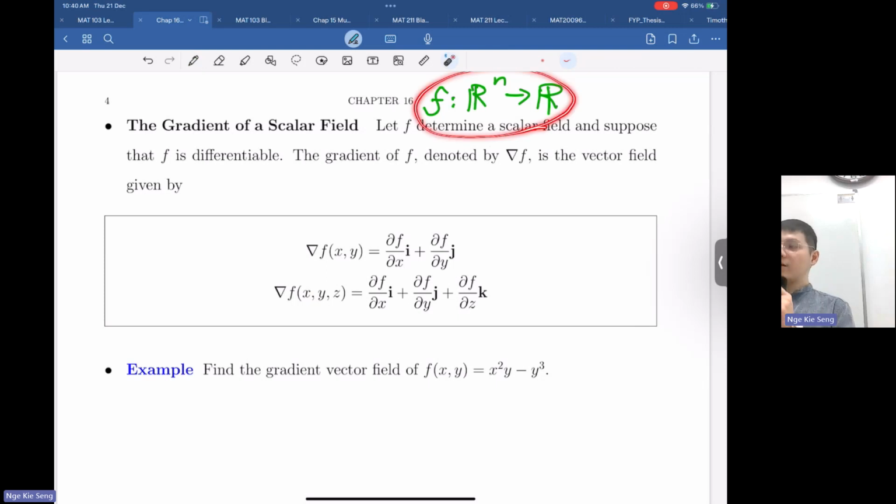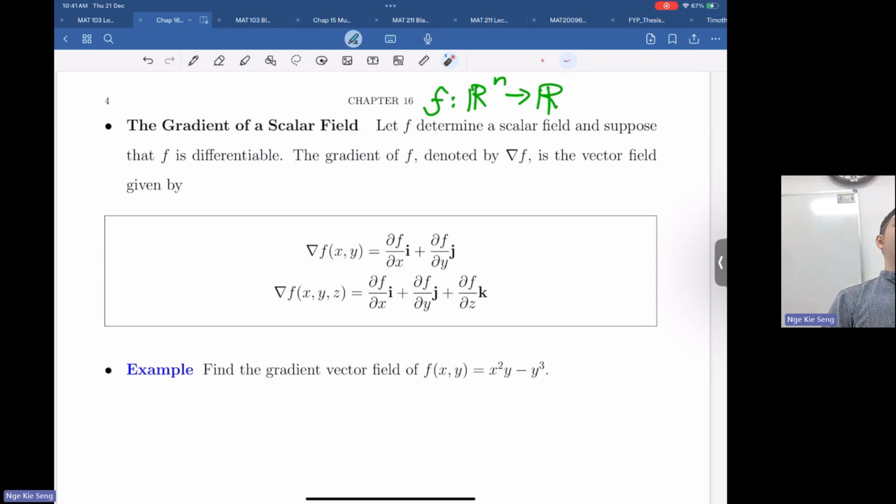This type of function is what we had before. We defined the surface using R2 to R or R3 to R, and then the output tells you the height of each point. Remember, not the level curve. So the gradient of f is actually a vector field.